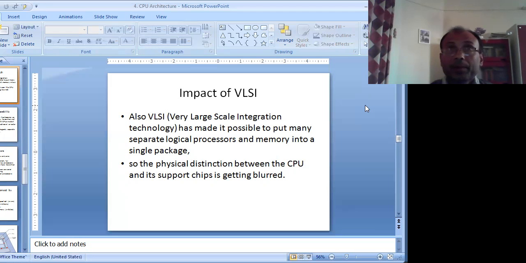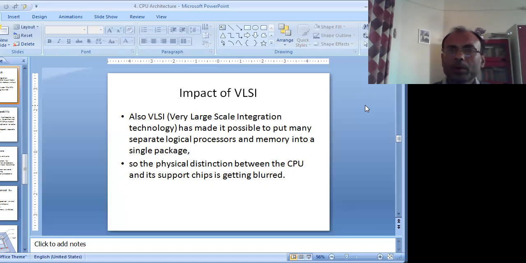ICs we can have in many forms. You can see different kinds of ICs inside your motherboard, or they are available in any other electronic devices.